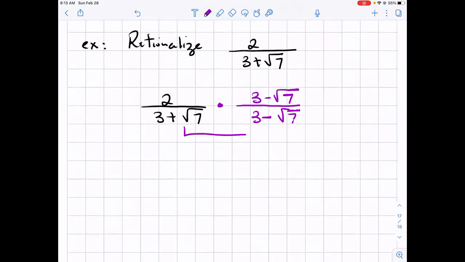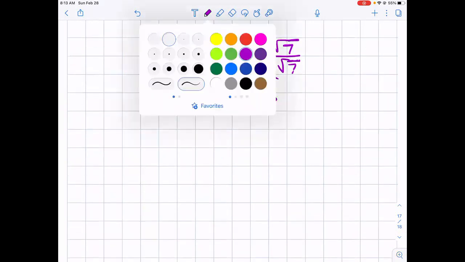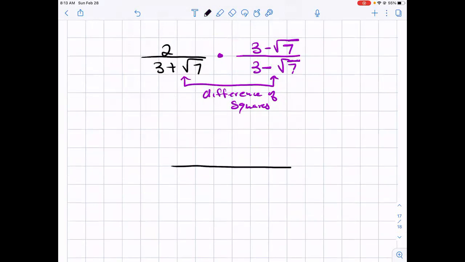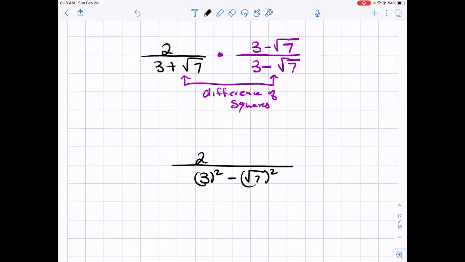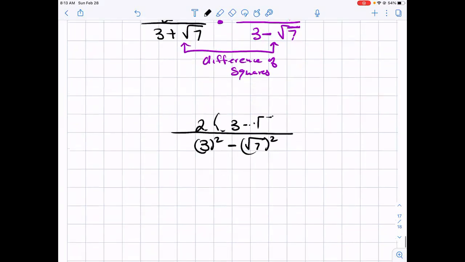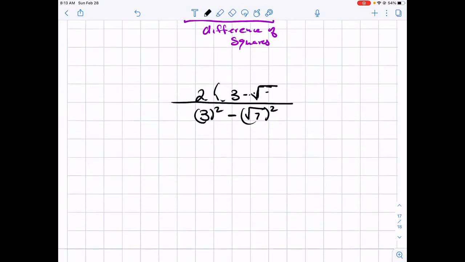Notice that this is a difference of squares. When you multiply them, the denominator will be 3 squared minus the square root of 7 squared, and in the numerator you will have 2 times parentheses 3 minus root 7.